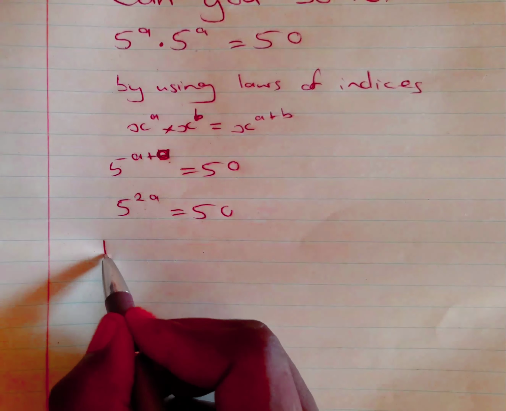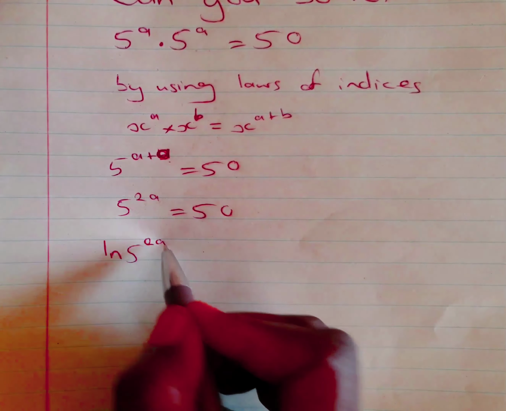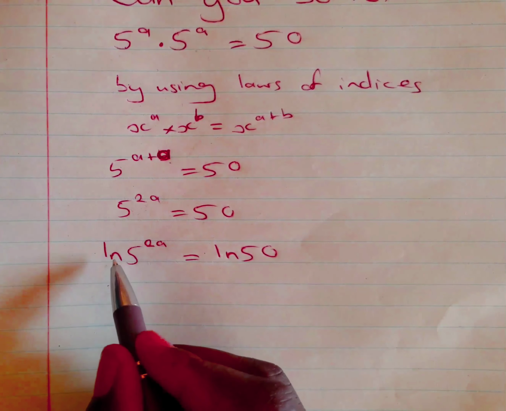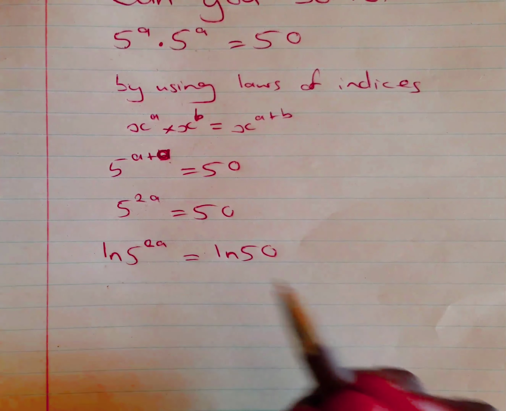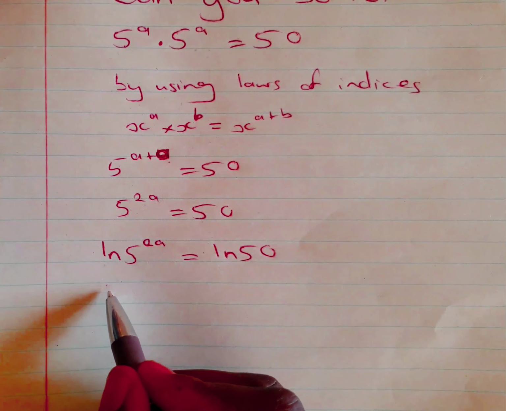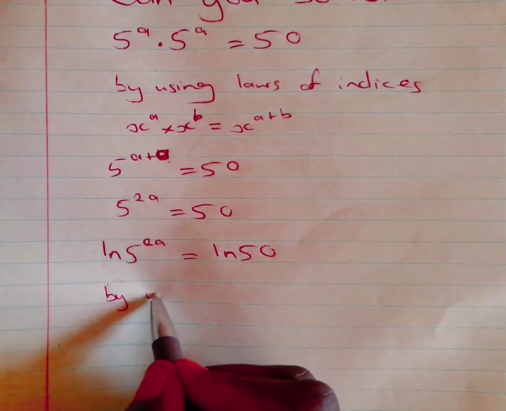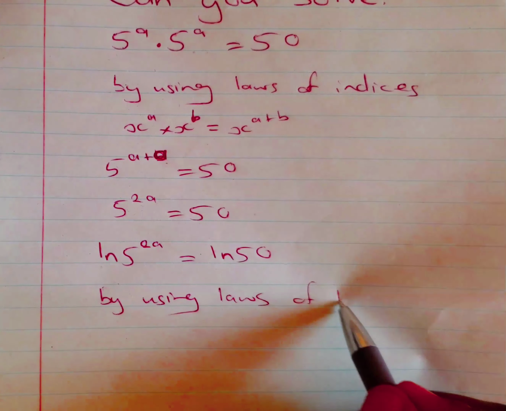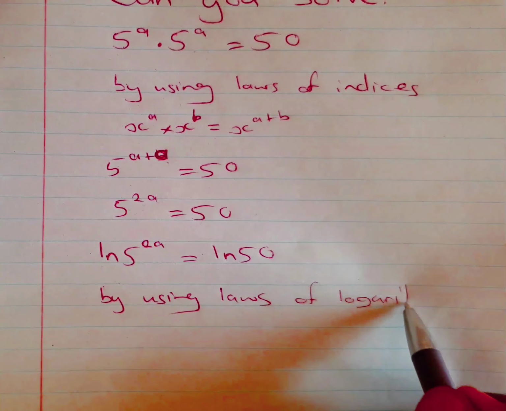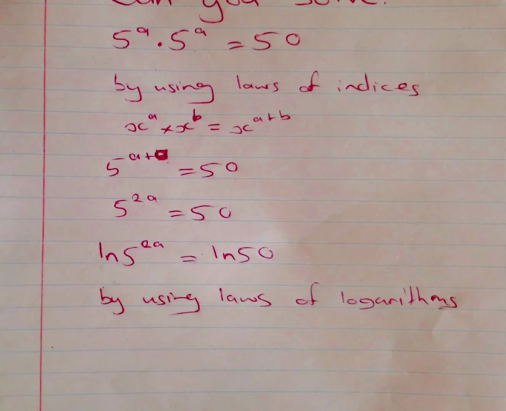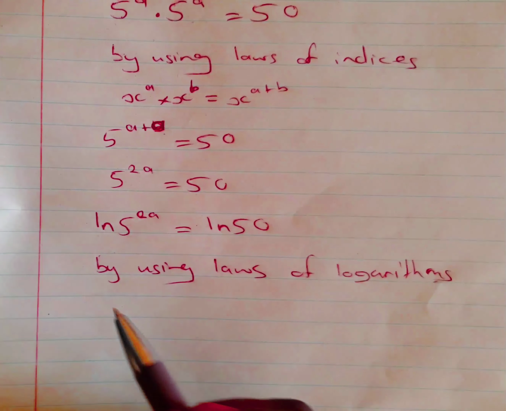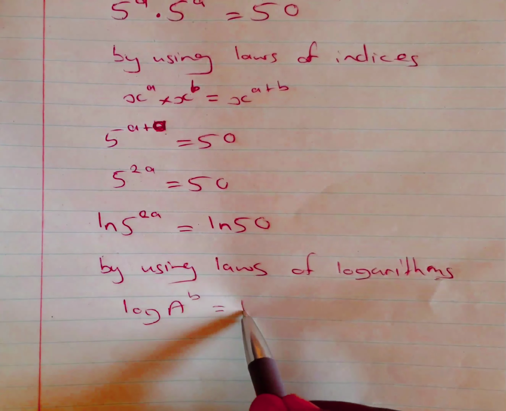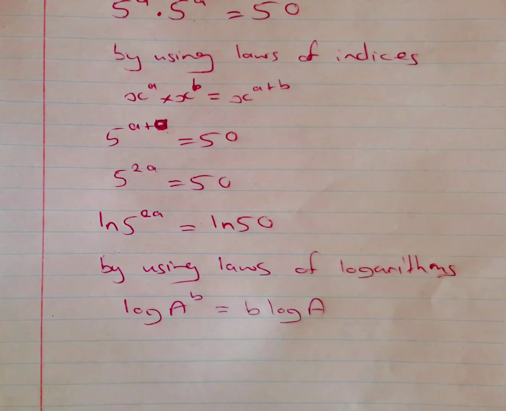Then we have ln 5 to the 2a is equal to ln 50. We can now apply laws of logarithms on both sides. Then by using laws of logarithms, we know that log a to the b power is equal to b log a, right?